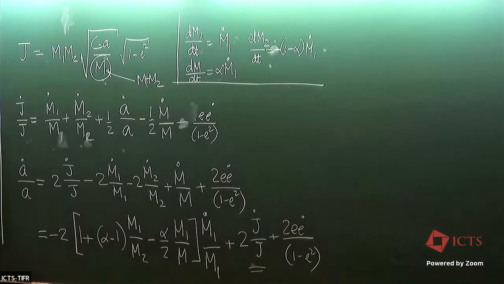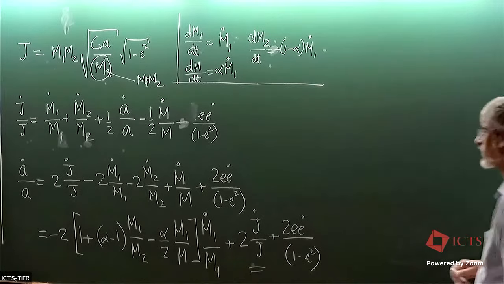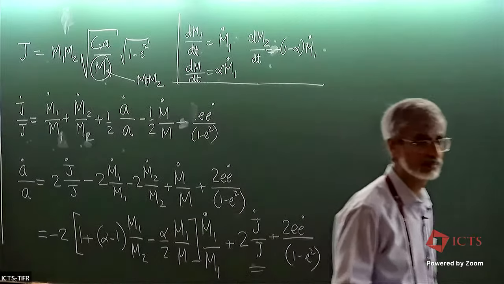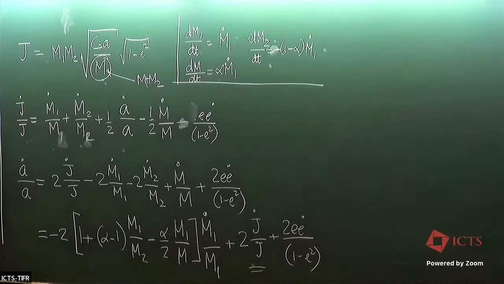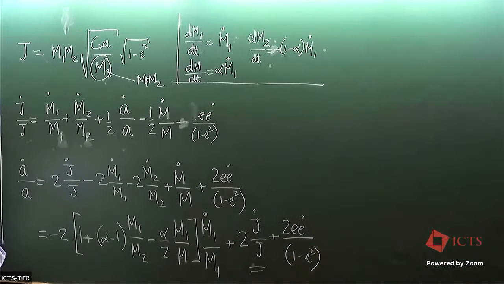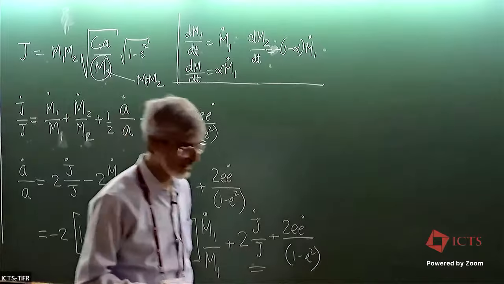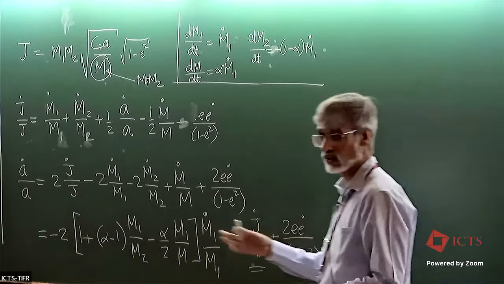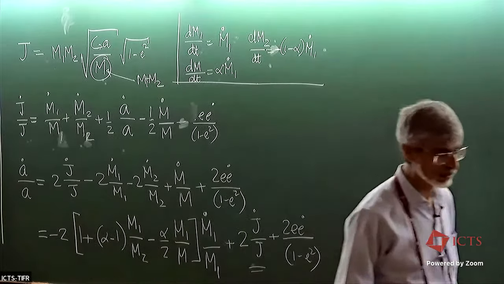Can there be angular momentum loss from the system when alpha is 0? In this school, I am expecting an instant answer. Gravitational waves, right? So gravitational waves is another agent which causes angular momentum to be lost from the system.